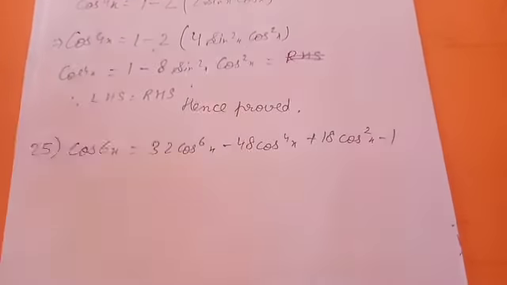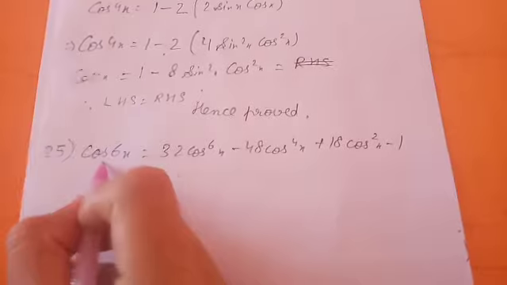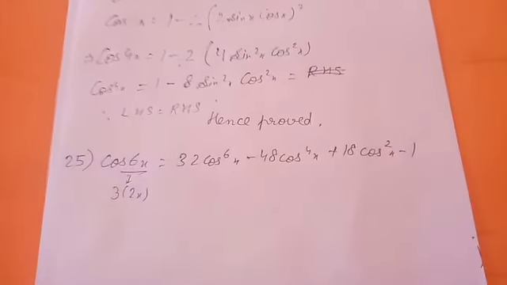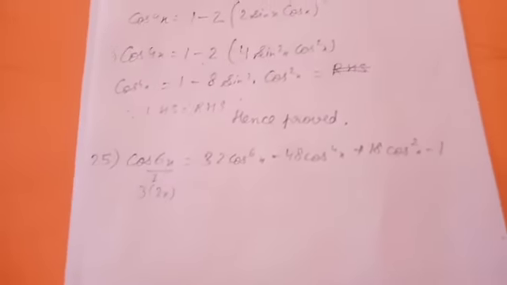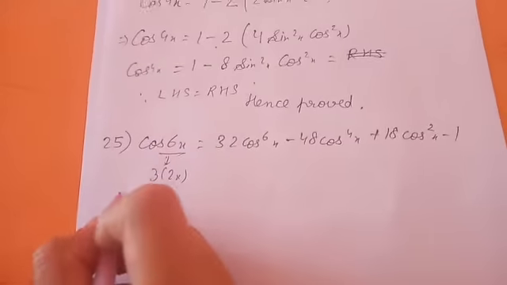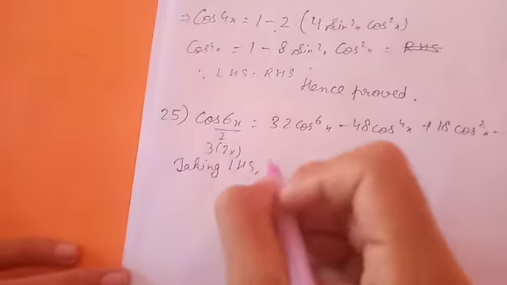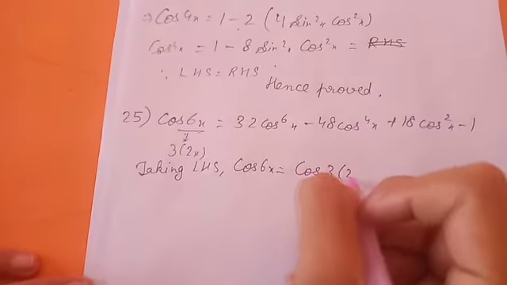Now in this we can write 6x as 3 into 2x. So taking left hand side, cos 6x is equal to cos of 3 into 2x.